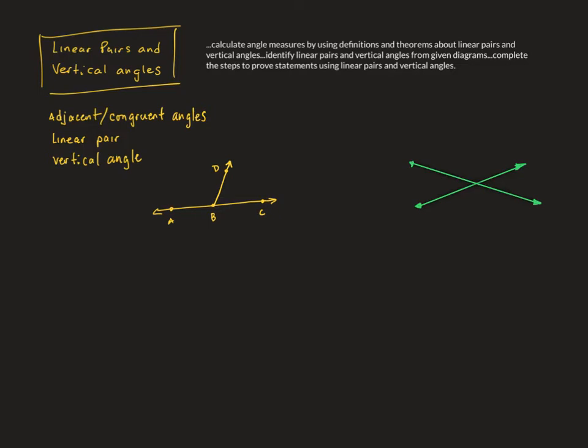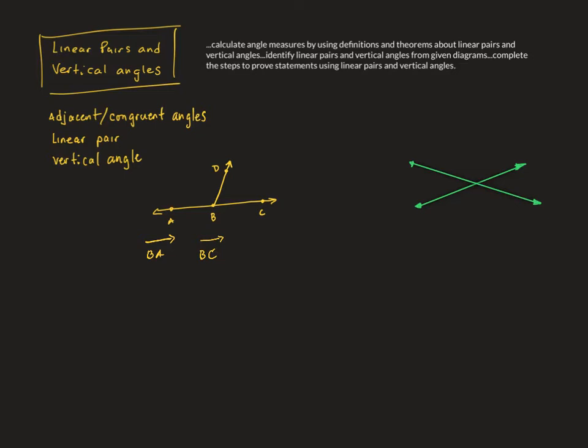As we start to look at these things, let's talk about the definitions and what they mean. If I look at this diagram right here, and I start pulling some stuff out of it, if I look at ray BA and ray BC, those are what we call opposite rays.